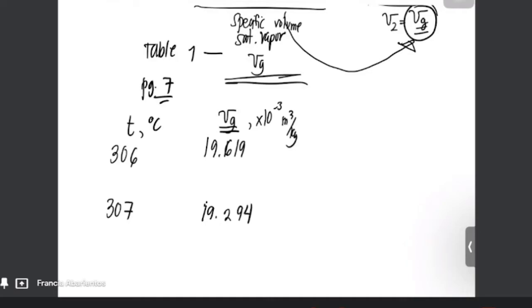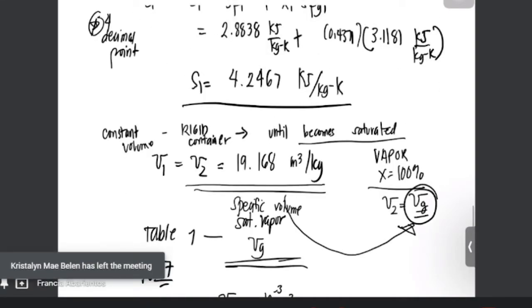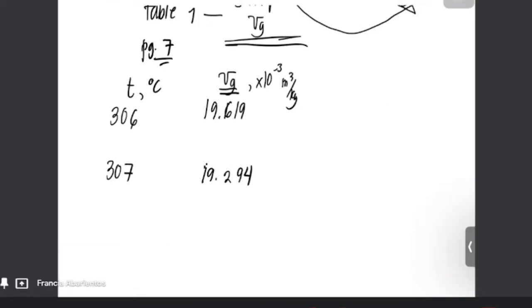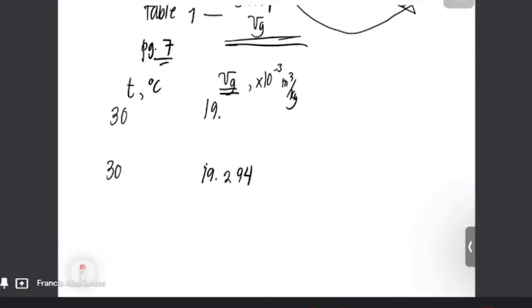19.294. Ay, bakit 306? Units, no? Ay, 307 pala, class. Naduling si ma'am. 307, 308. Okay? Ayan. 307.